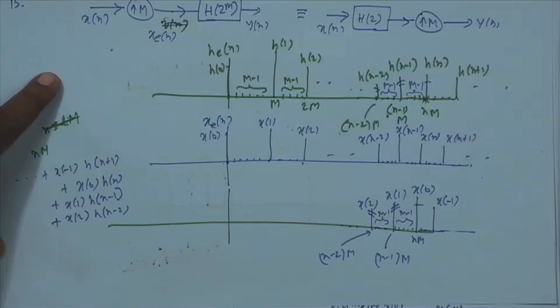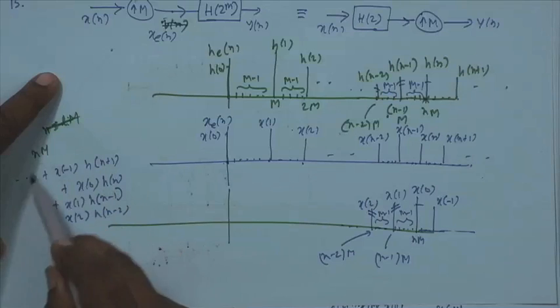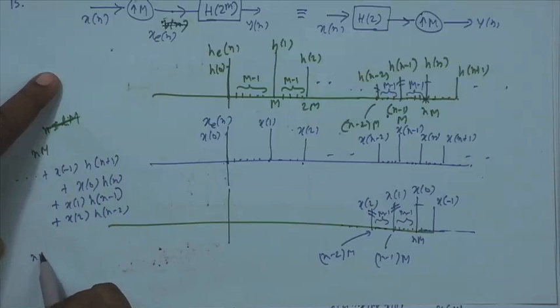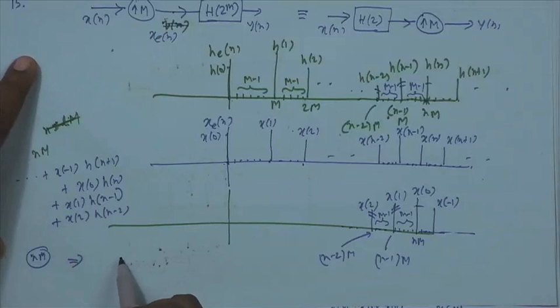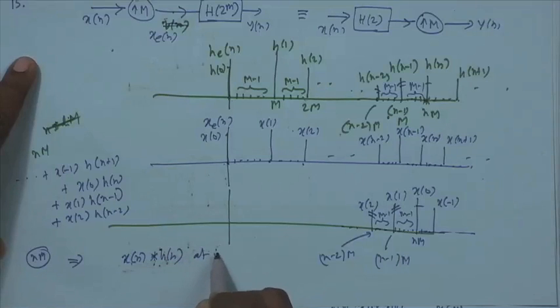All right. So, at the n mth position the output is this. But what is the output? You see, it is simple convolution between x n and h n at index n.